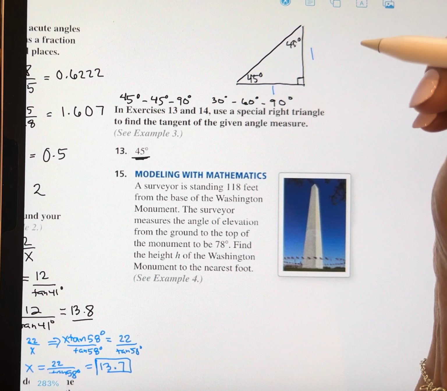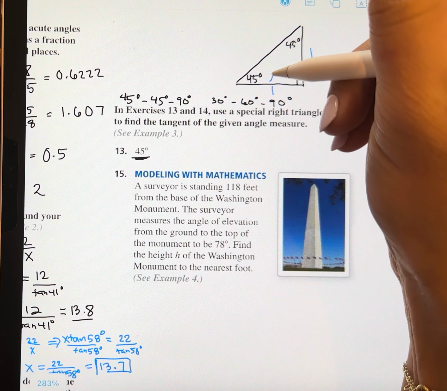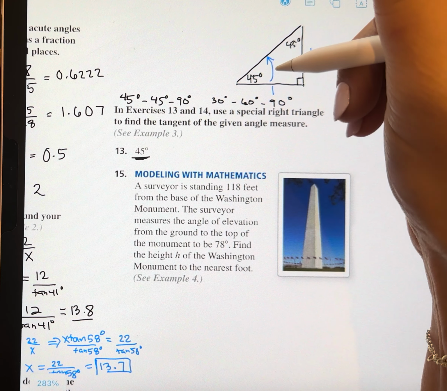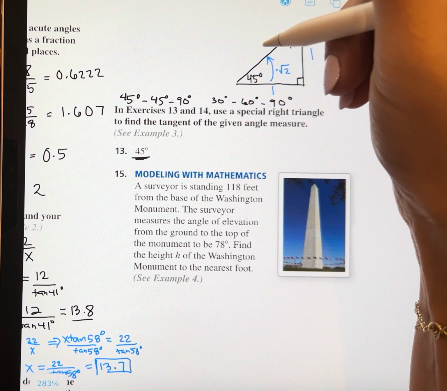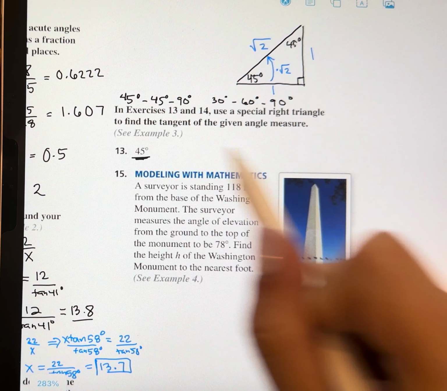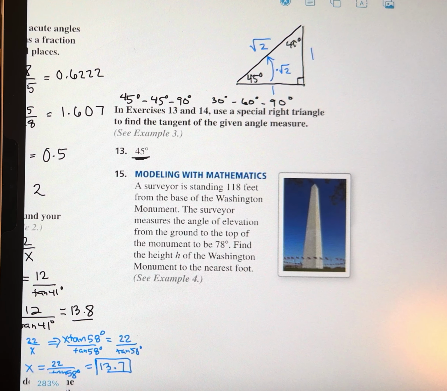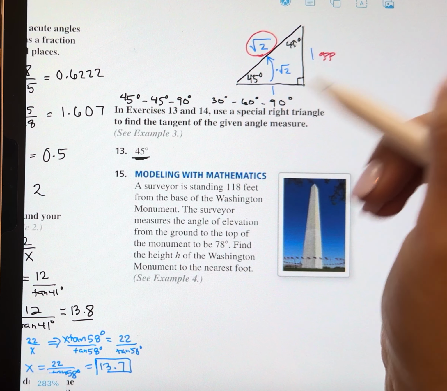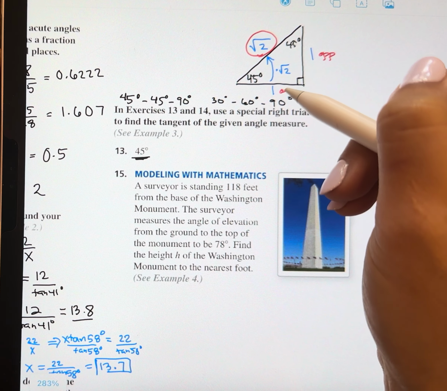So if the legs are 1, to go from a leg to the hypotenuse, I would multiply by rad 2, which means that the hypotenuse would be radical 2. So here is my special right triangle. I'll identify the hypotenuse, and then looking at 45, here is opposite, and here is adjacent.